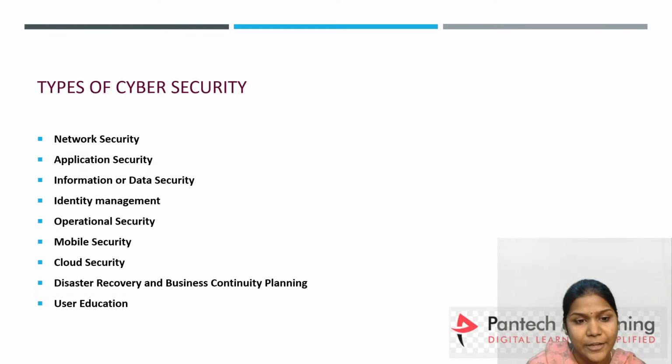Identity management security is to represent or recognize the particular network. Operational security. Mobile security: we have a few securities like password patterns or face recognition. All these are used to secure the mobile, the mobile apps. Next, cloud security.